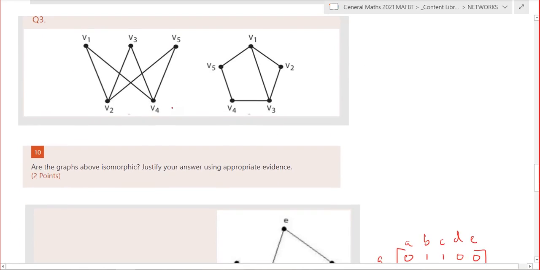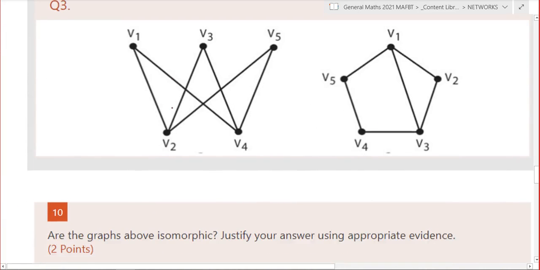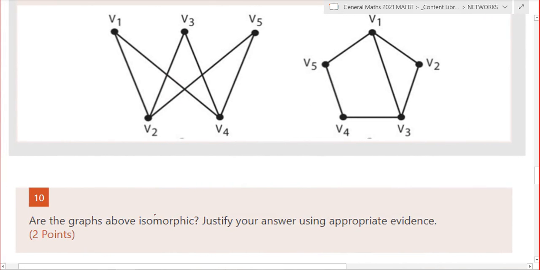Next one. Are the graphs in this question isomorphic? With this question, understand what isomorphic means. Remember, that means they're exactly the same.